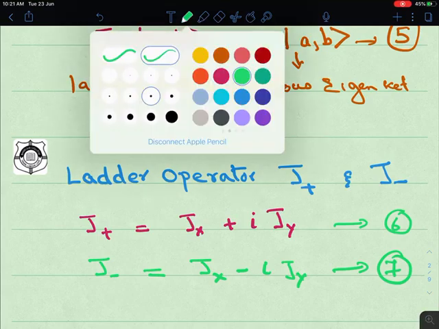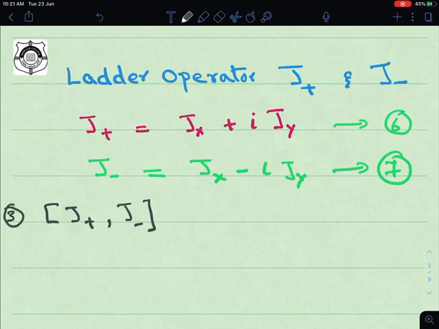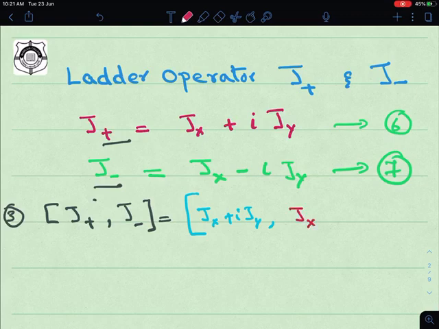Now we have to find out the commutation relation between J plus and J minus. So [J plus, J minus] we have to find. This will be our third commutation relation. We have to substitute for J plus and J minus, so it will be [Jx plus iJy, Jx minus iJy].